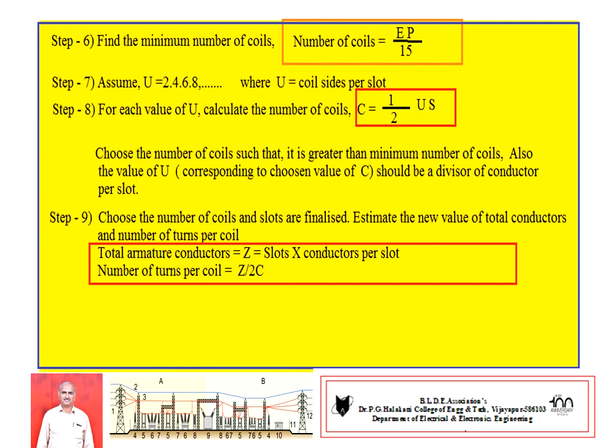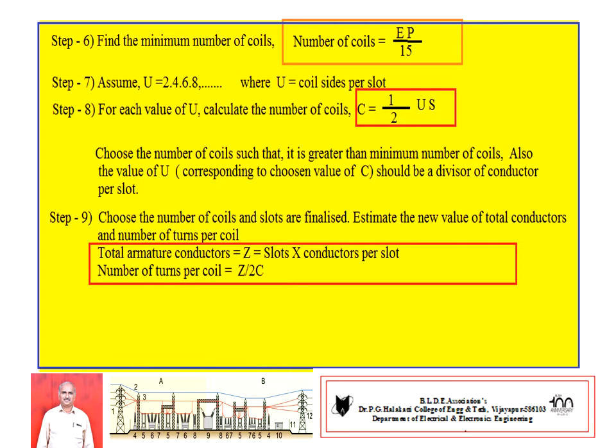Finally, step number 9, the number of coils and slots are finalized. Estimate the new value of total conductors. After satisfying these two conditions, after finalization of coils and slots, you can make the calculation of total conductors as per that. If a new value of conductors is available, that can be used.